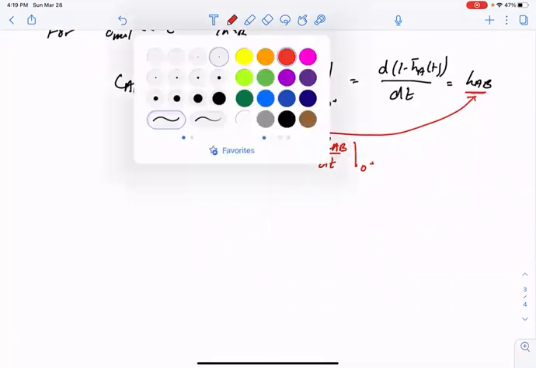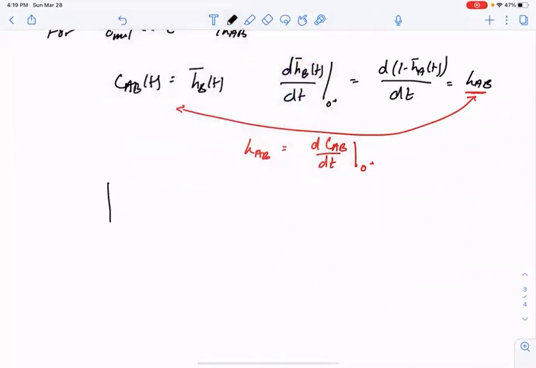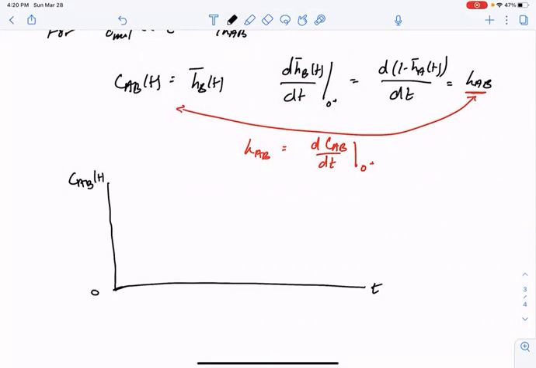So if we were to plot CAB as a function of time, it's going to start at 0, and at very long times that are like 1 over KAB, it's going to approach the equilibrium value of B, and it's going to do so exponentially.